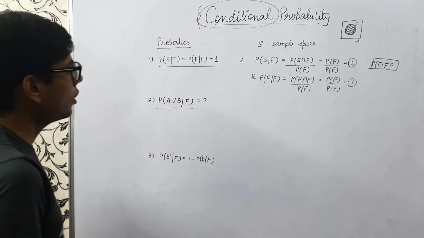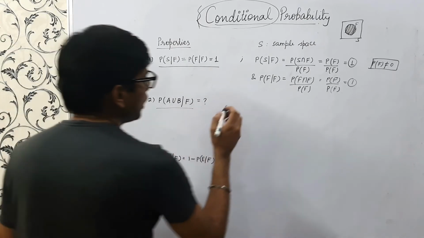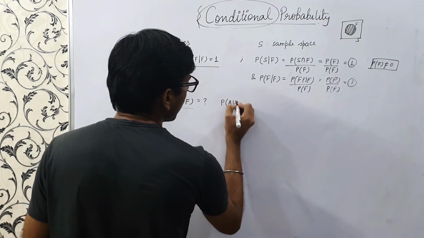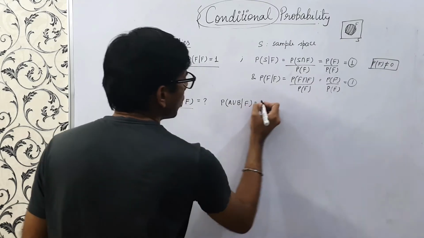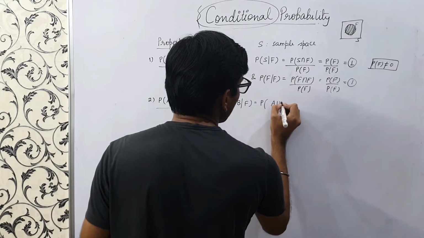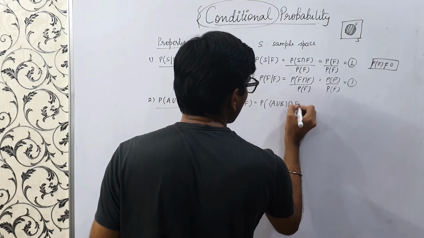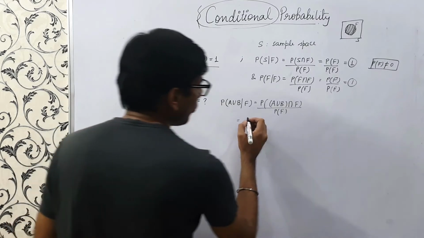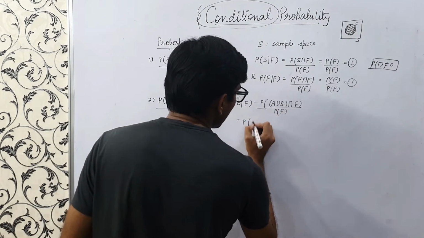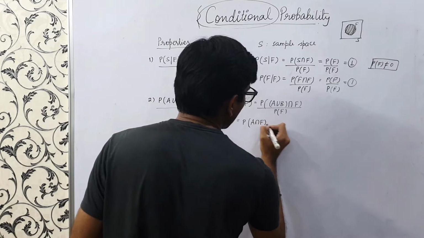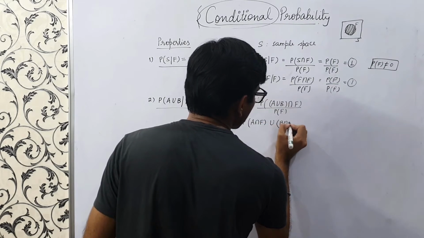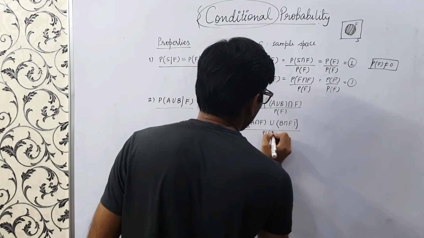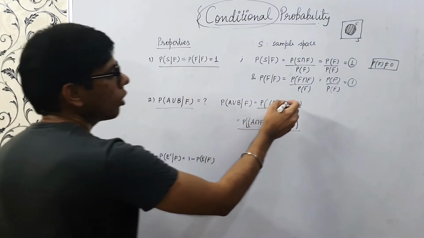Then comes the formula for P of A union B given F. As we know, probability of A union B given F would be probability of A union B intersection F upon probability of F. This will turn out to be A intersection F union B intersection F, upon probability of F. This is because of the distributive law of sets.